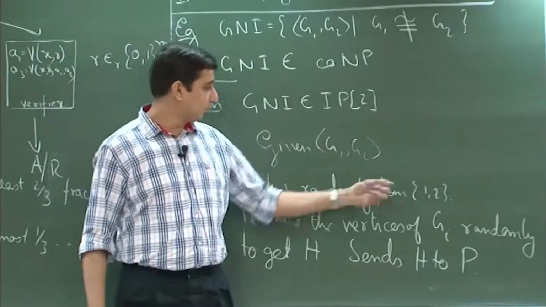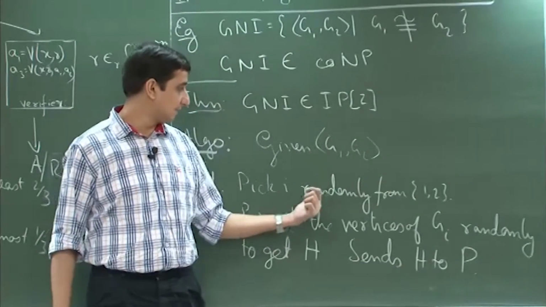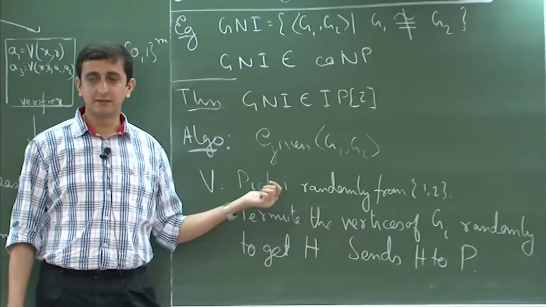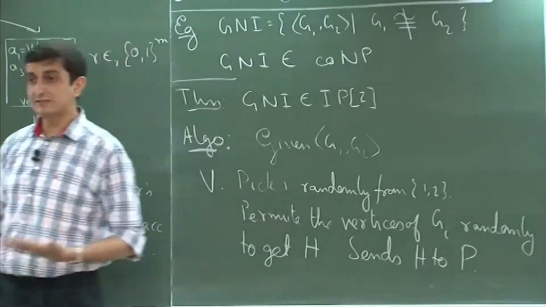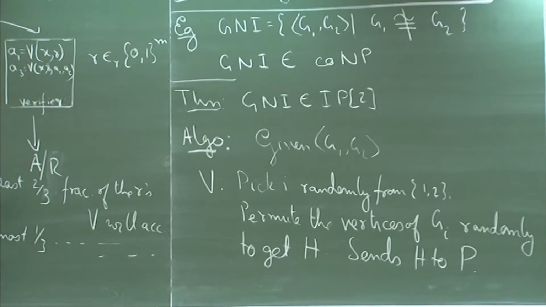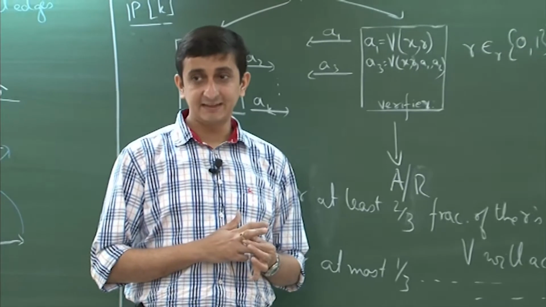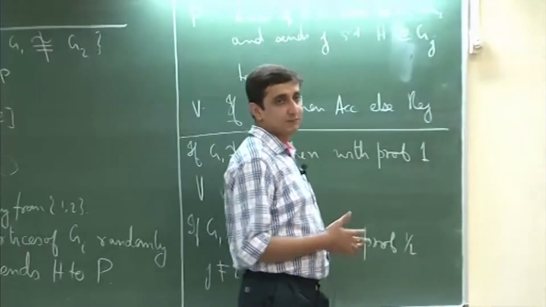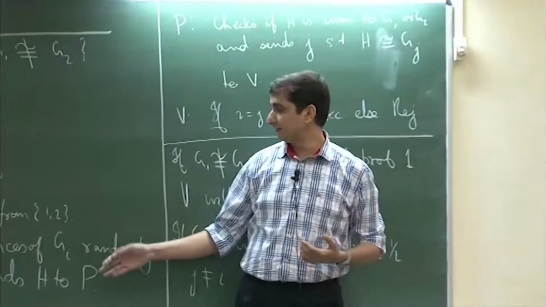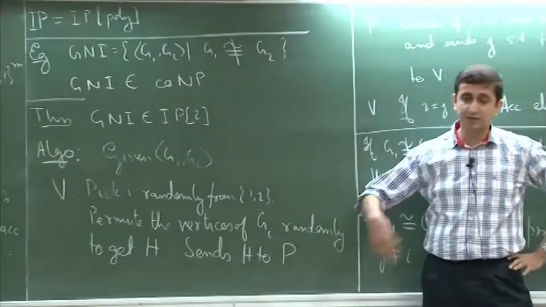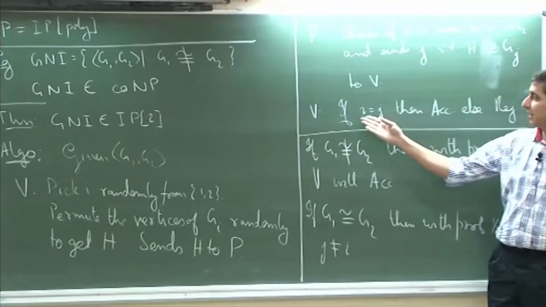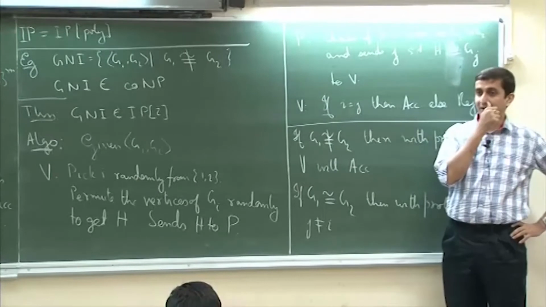What if the prover had access to this coin toss? In other words, what if the prover could see the result of the coin toss? In that case, he can easily fool the verifier. I mean, if the verifier, let us say, comes up with 1, then the prover knows that okay, this guy is going to permute the vertices of G1 to construct H. So, I might as well output J is equal to 1.